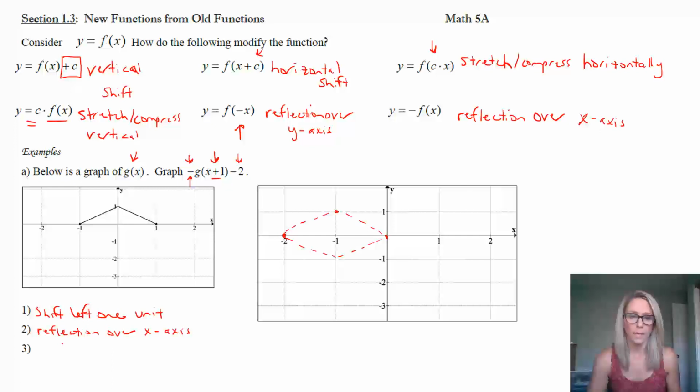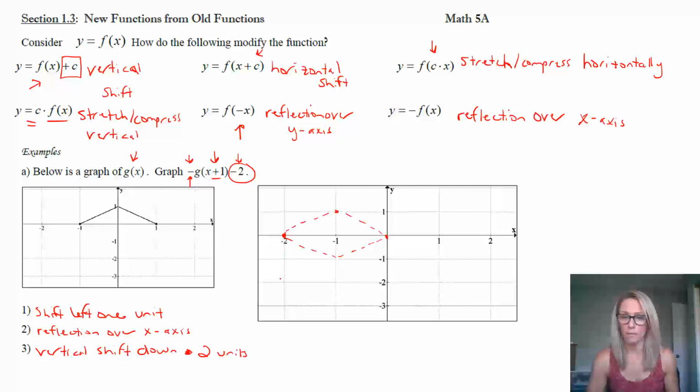Okay. And then, as you can see, the last thing that we have here is this -2, so that's an example from the first thing that we looked at. And so that's going to be a vertical shift, and we have -2. So those ones are exactly what you think. Vertical shift down, in this case, 2 units.